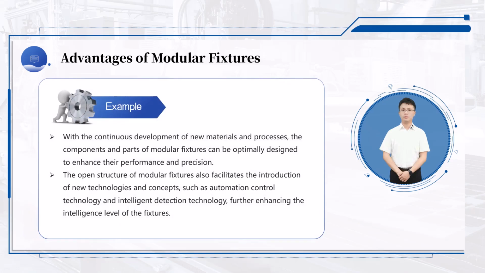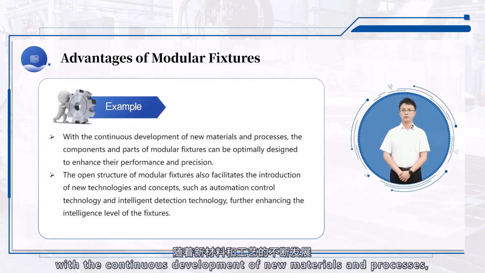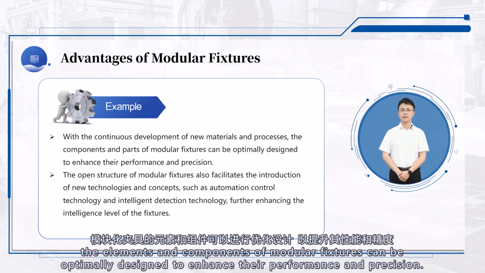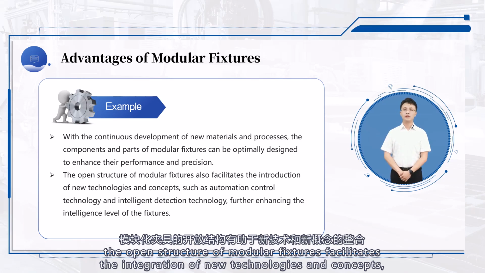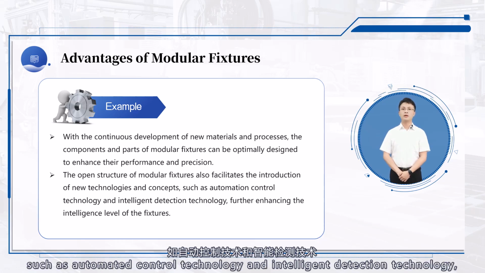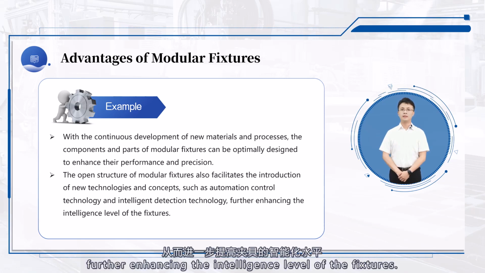For example, with the continuous development of new materials and processes, the elements and components of modular fixtures can be optimally designed to enhance their performance and precision. Additionally, the open structure of modular fixtures facilitates the integration of new technologies and concepts, such as automated control technology and intelligent detection technology, further enhancing the intelligence level of the fixtures.